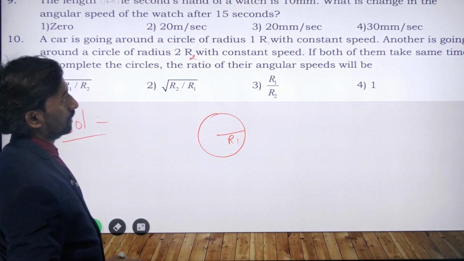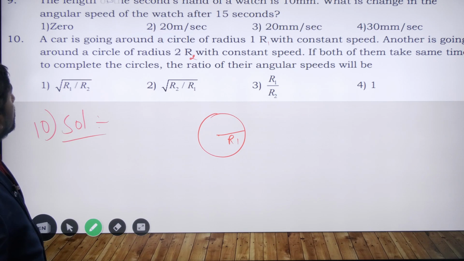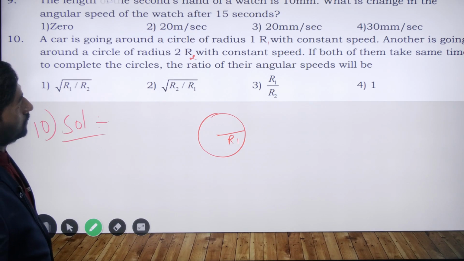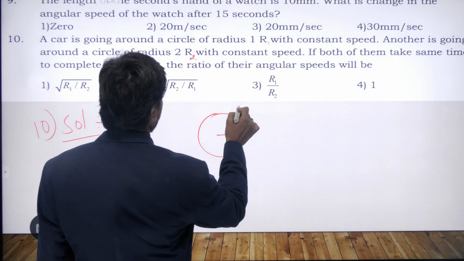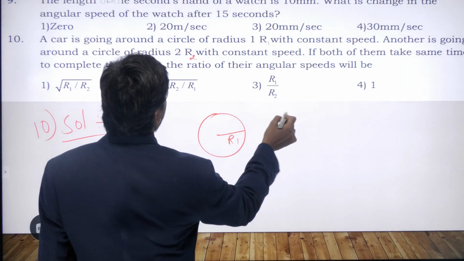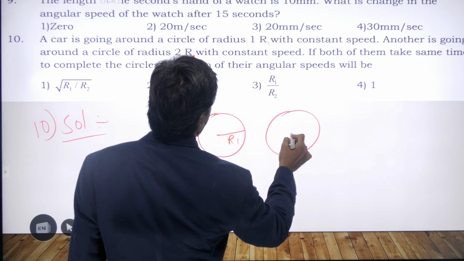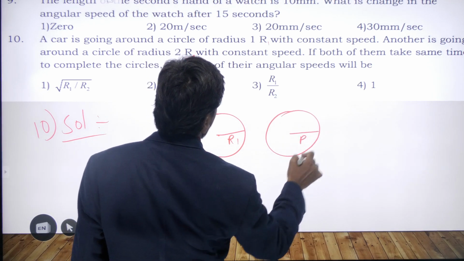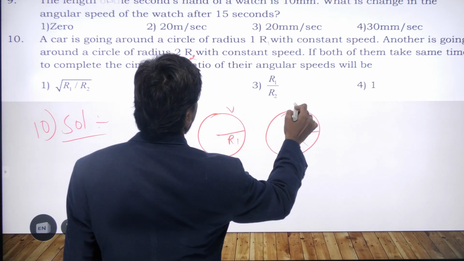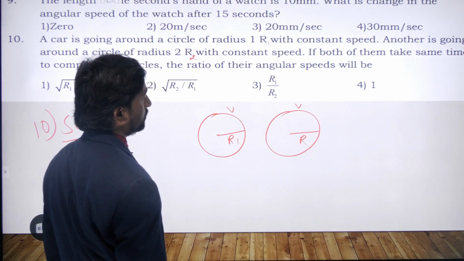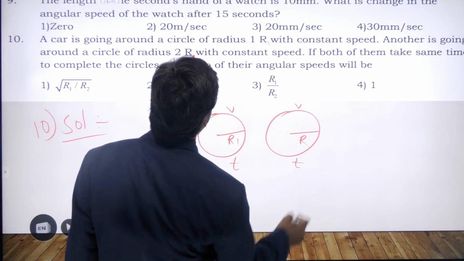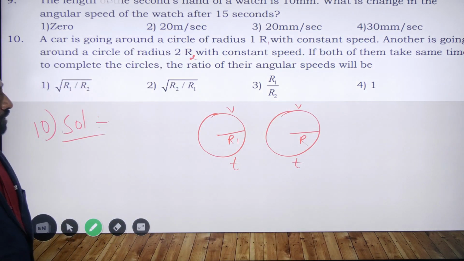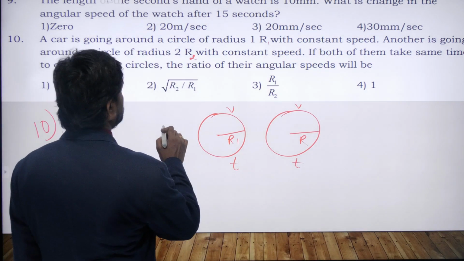And another car is going around a circle of radius r2 with constant speed. So both are moving with the same speed, and the time is also the same there. Okay. Then they're asking the ratio of their angular speeds.